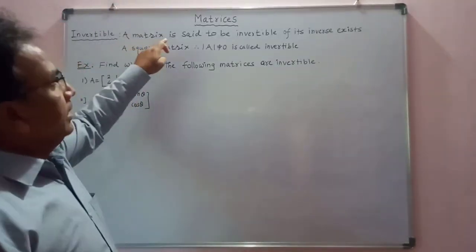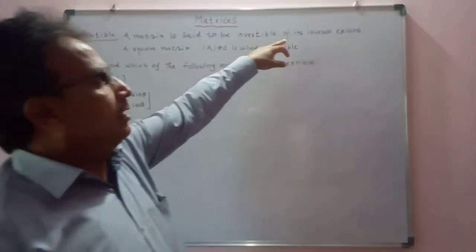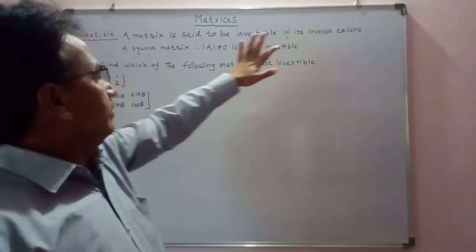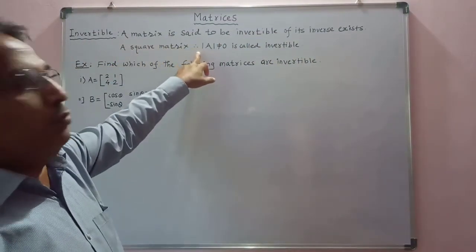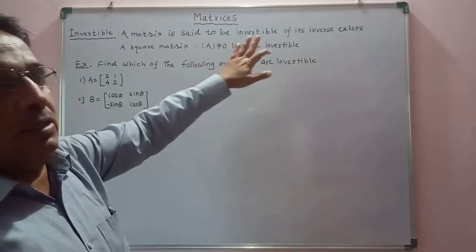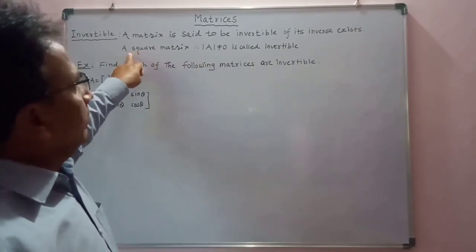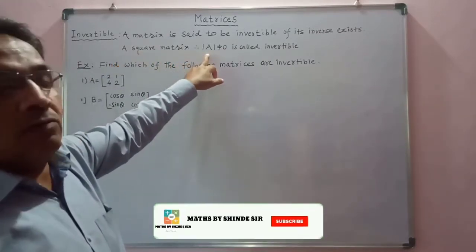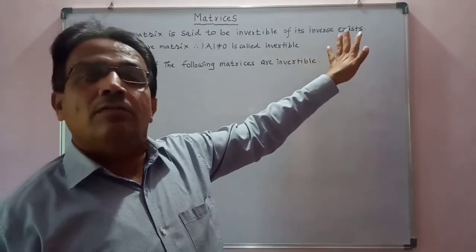A matrix is said to be invertible if its inverse exists. A square matrix whose determinant is not equal to 0 is called an invertible matrix. A square matrix whose determinant is not equal to 0 is also called a non-singular matrix.